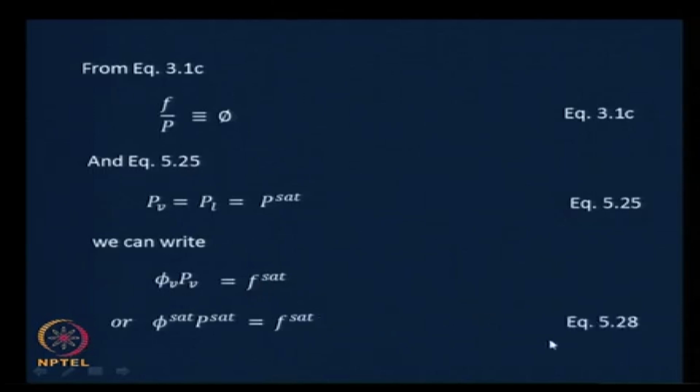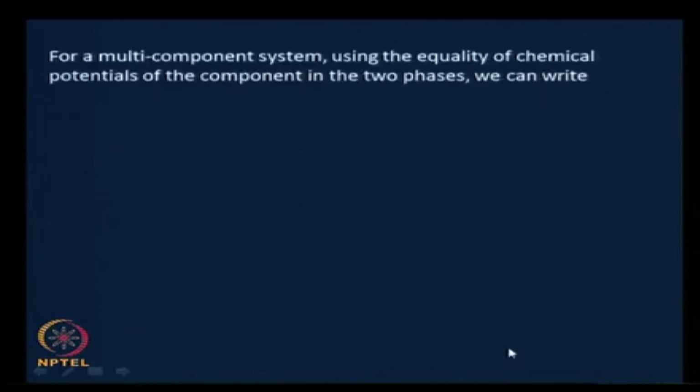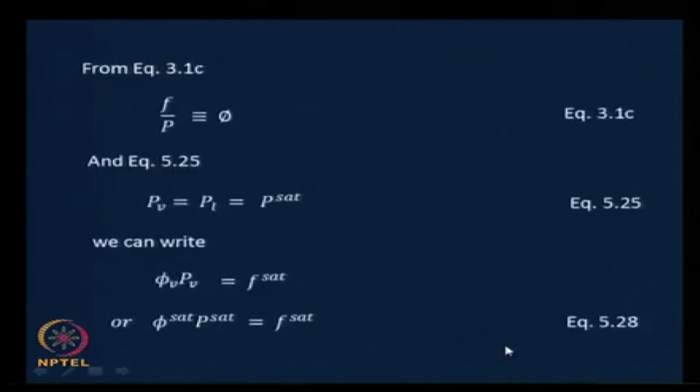We will call this equation 5.28. In the previous development, f by P equals phi, and since fV equals fL, we expressed the fugacity in terms of phi and P here and got f sat, and finally expressed everything in terms of the saturated value, and all this was for a pure substance.